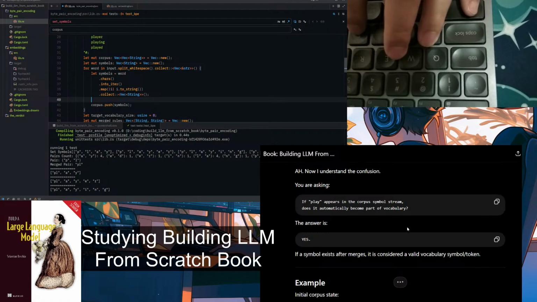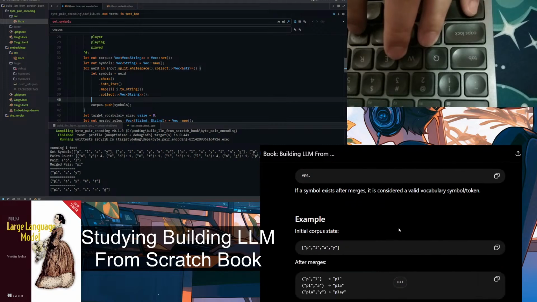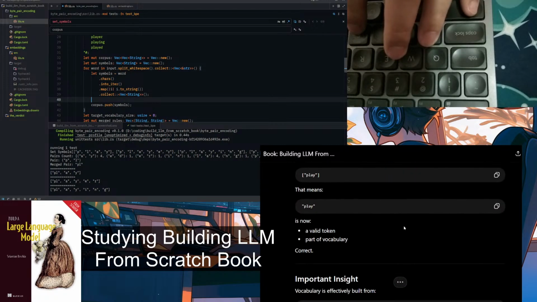If play appears in the corpus stream, does it automatically become a token? Hindi niya naintindihan.